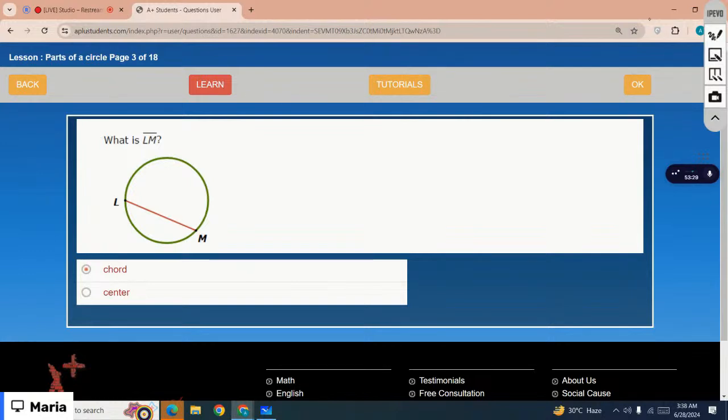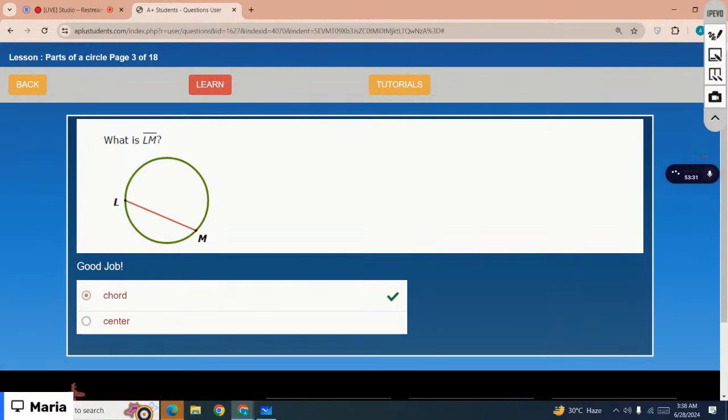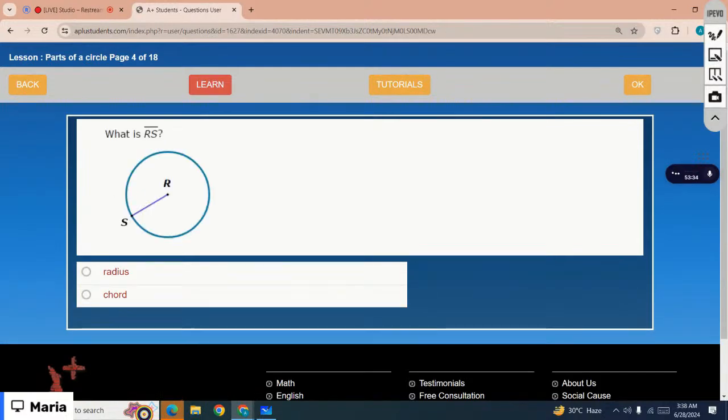LM is the chord. What is RS? RS is the radius, right? The line that starts from the center of the circle and ends at any point on the circle would be a radius. The correct option is radius.